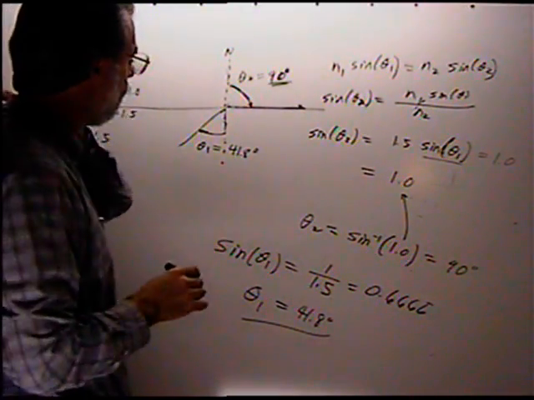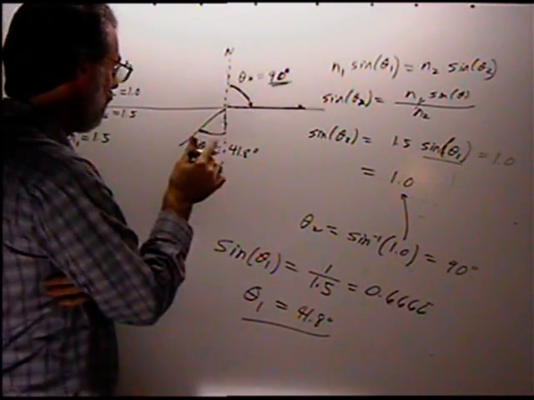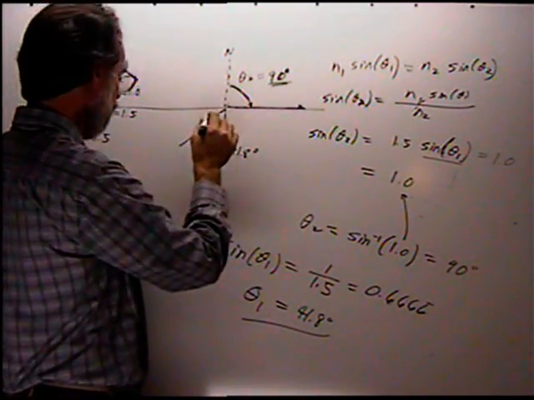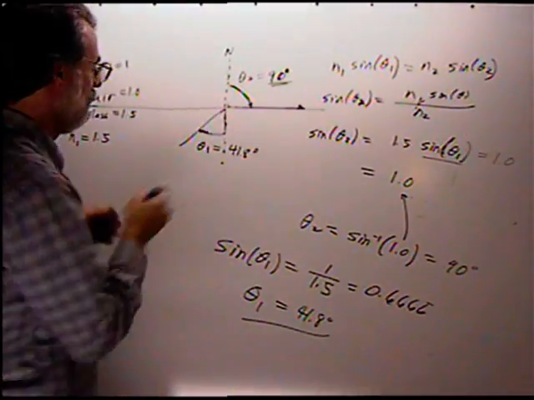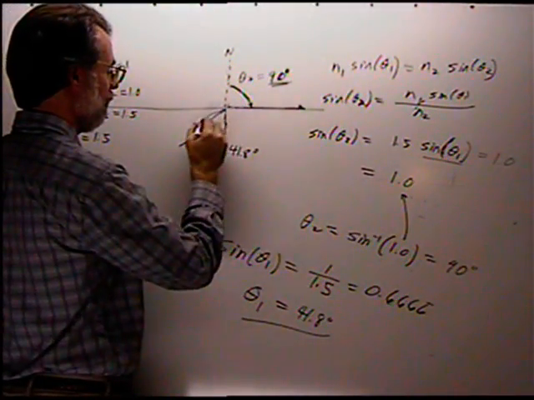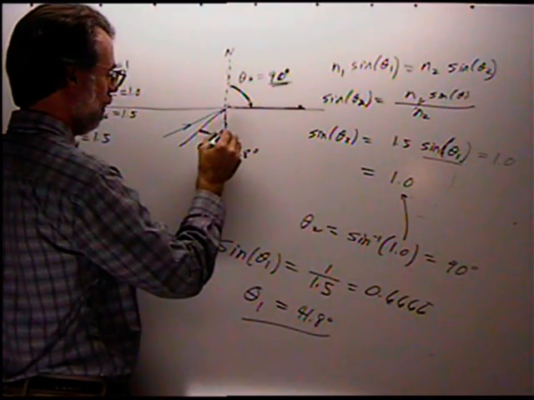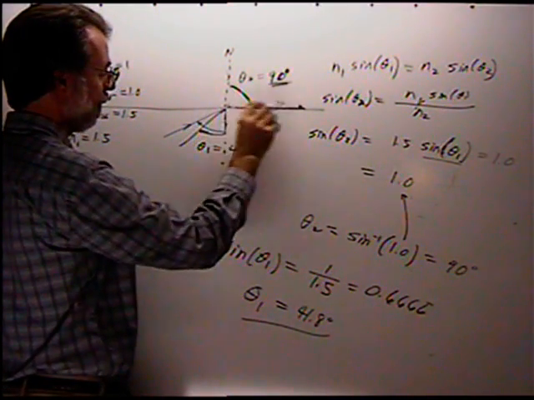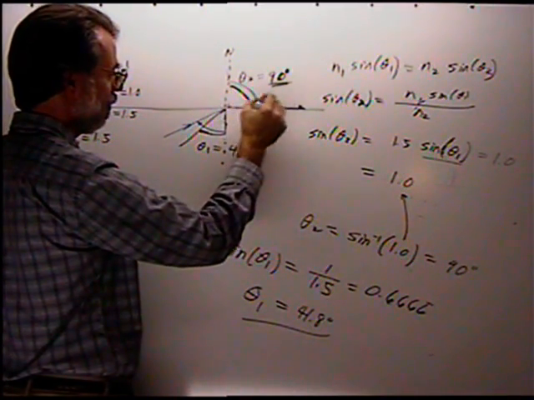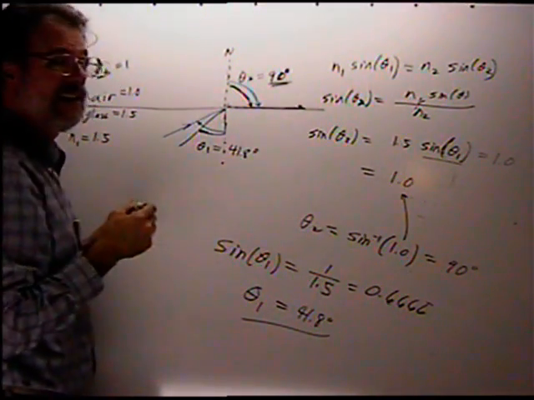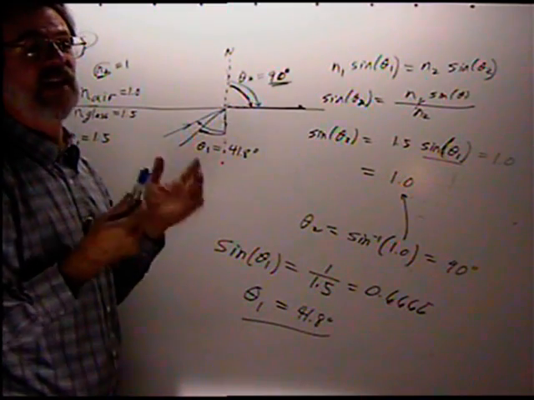Okay? So now what happens if we make this angle any steeper? I'm going to use blue for this. If we make this angle any steeper, like here, does this change? No. It still remains 90 degrees.